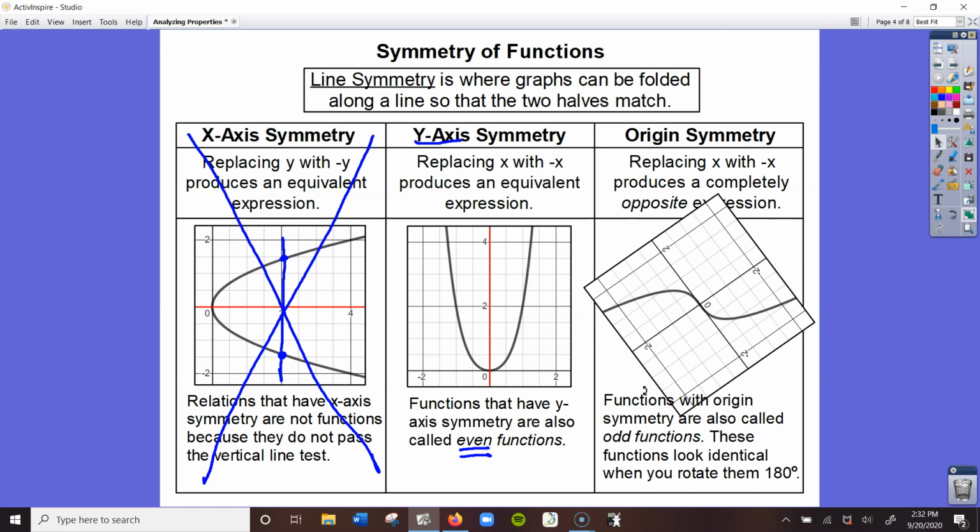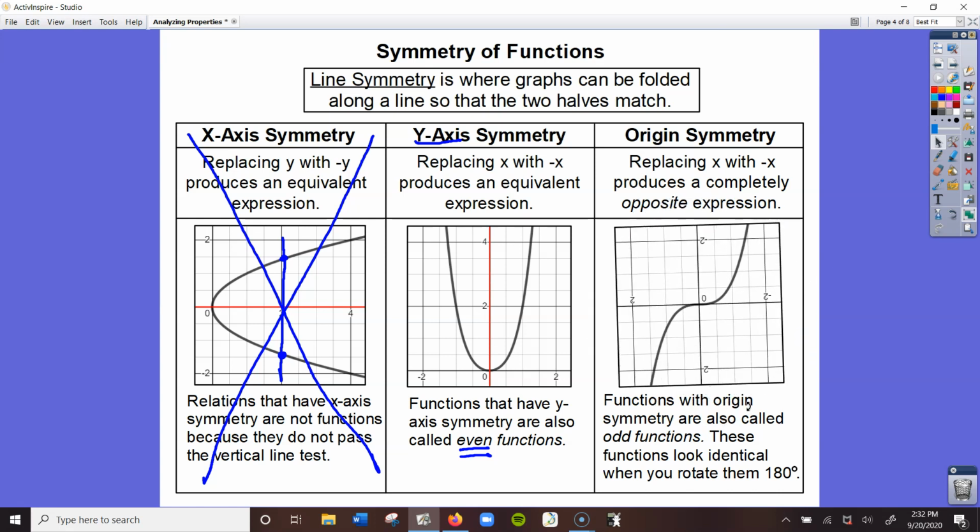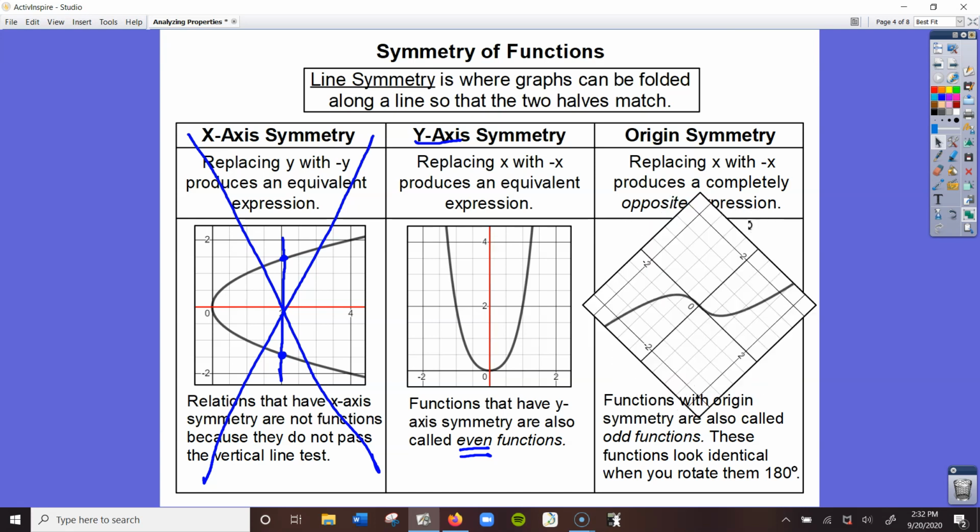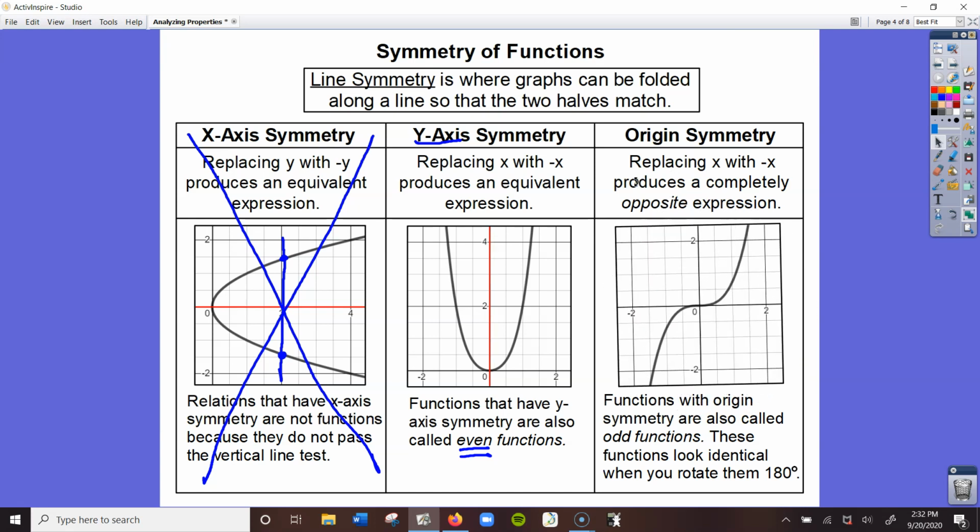Here we go. If I rotate it 180 degrees, we do see that the graph ends up looking identical to the original. So this is called origin symmetry. If you can rotate it upside down, it will look the same as the original. And these are all called odd functions. So even functions are symmetric along the y-axis, and odd functions are symmetric along the origin.